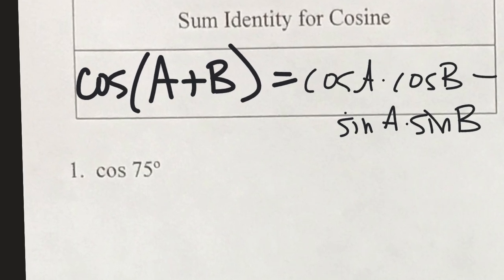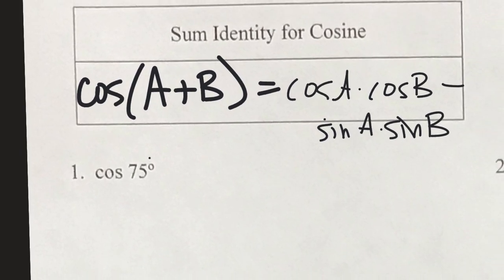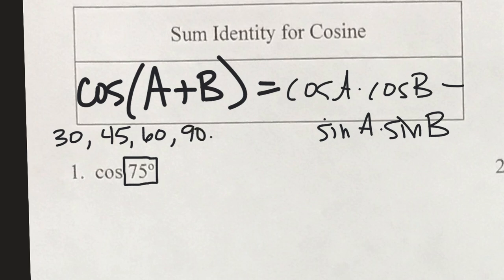Now we're going to use these formulas to find exact values of non-unit circle angles. Remember, our unit circle angles are 30 degrees, 45 degrees, 60 degrees, 90 degrees, and so on and so forth. So we're going to find other angles using your unit circle angles.